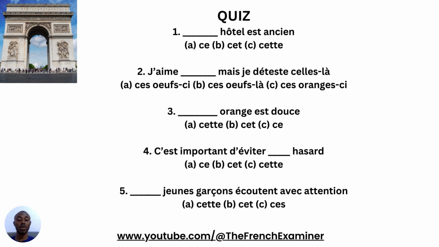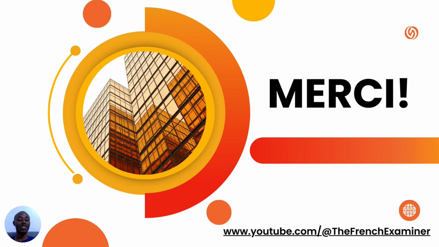Ces jeunes garçons écoutent avec attention. Parce que jeunes garçons est au pluriel. It is plural, so we will go for the plural. Our adjectives in French, don't forget, make agreement in gender and number. D'accord? On s'arrête ici.